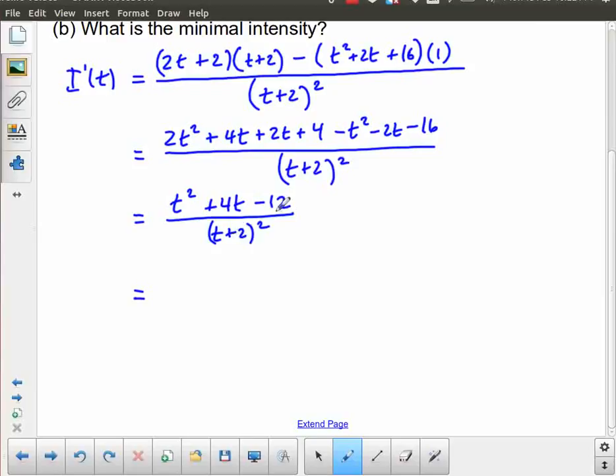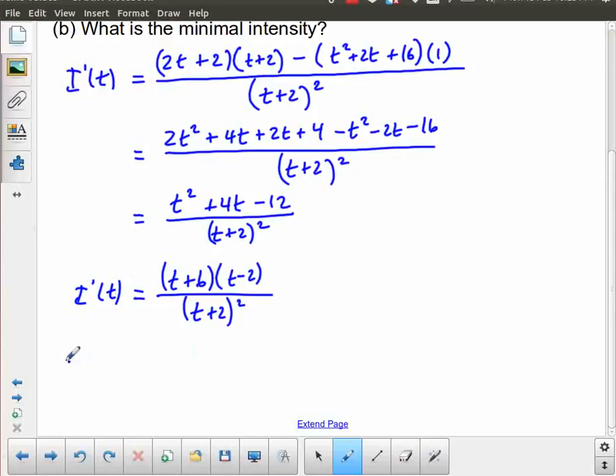So two numbers that multiply to give me negative 12 and add to give me positive 4 are going to be t plus 6, t minus 2, over t plus 2 all squared. That is my derivative, I prime of t, the rate of change of intensity for any time t.